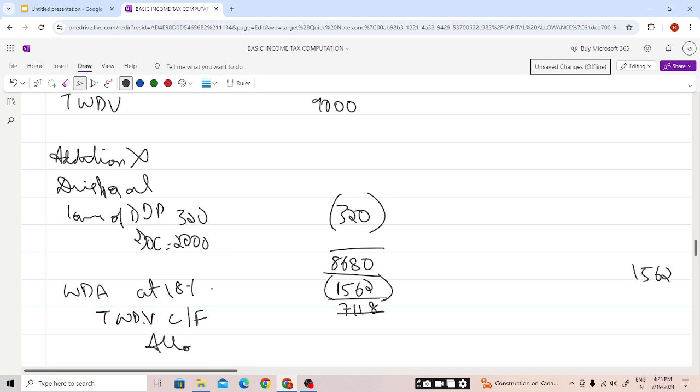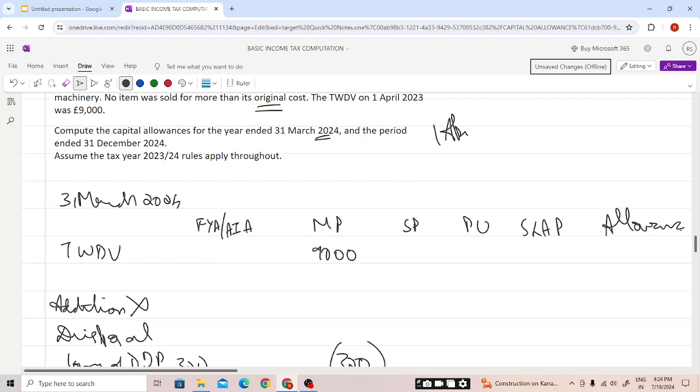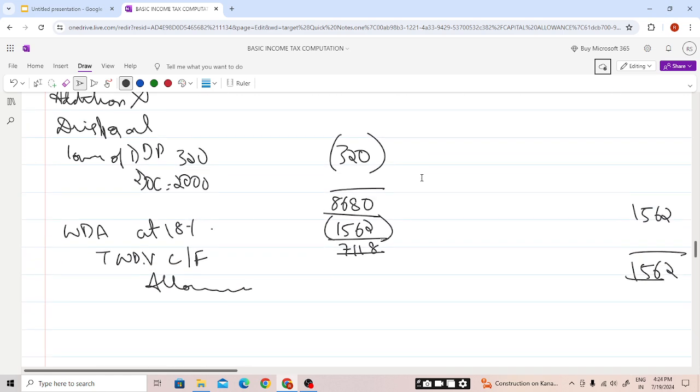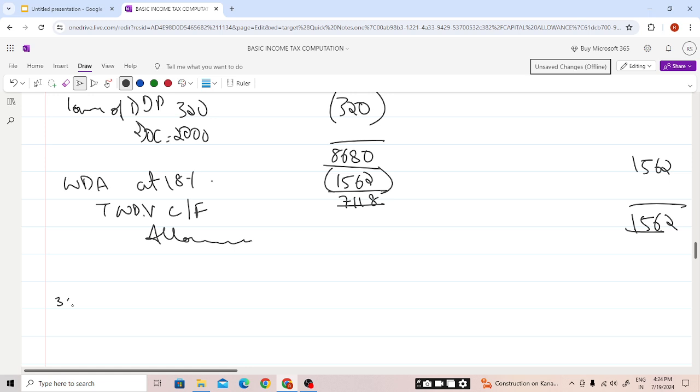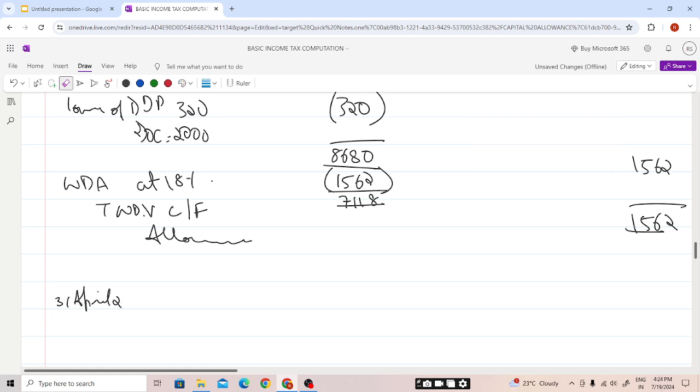The allowance will be a total of 1,562 for the accounting period of 1st April 2023 to 31st March 2024. From 1st April 2024, the tax written down value will be, students, 7,118.